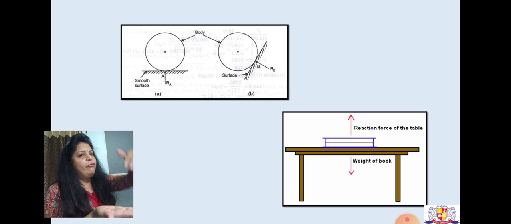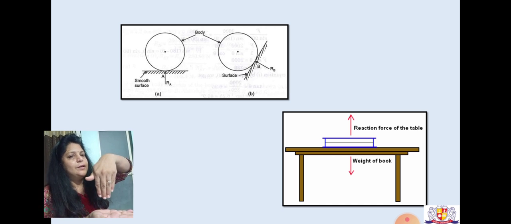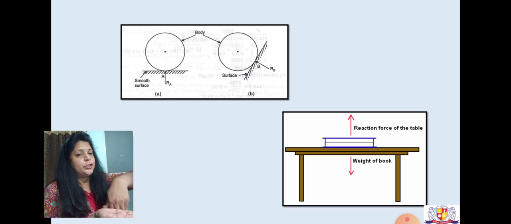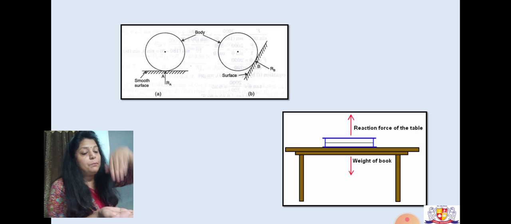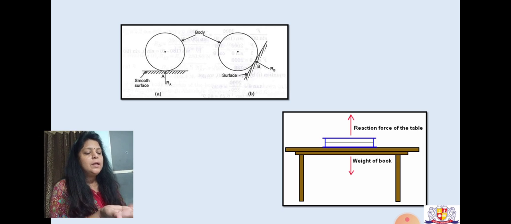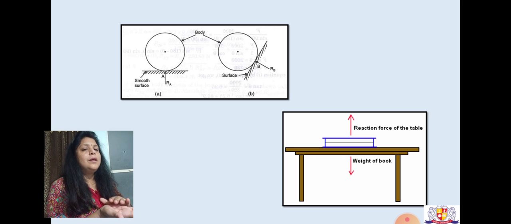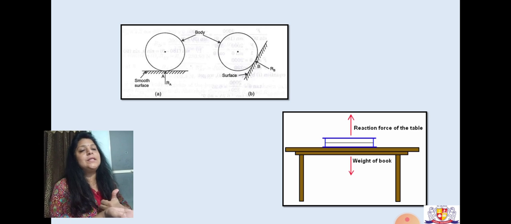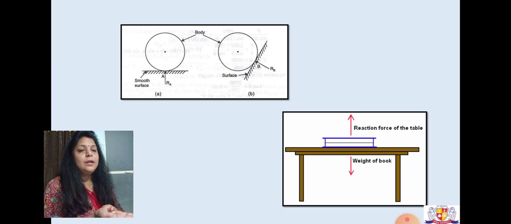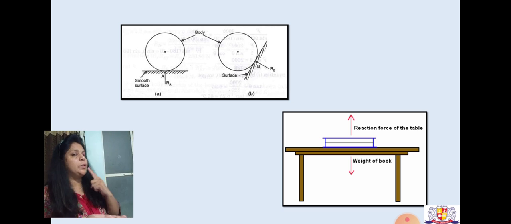The weight of the block will try to push the block in the downward direction, but the block does not move downward because the table is giving a resistance to the motion, in the opposite direction to the motion.